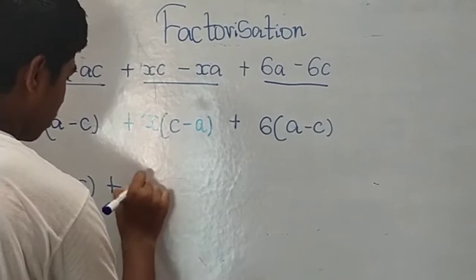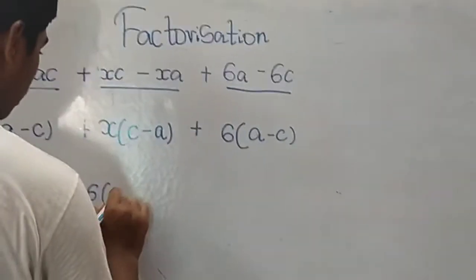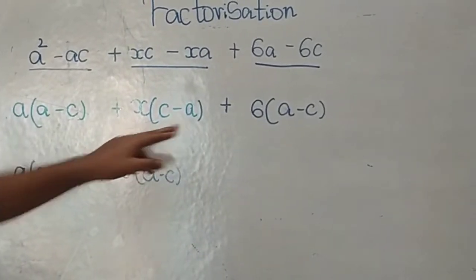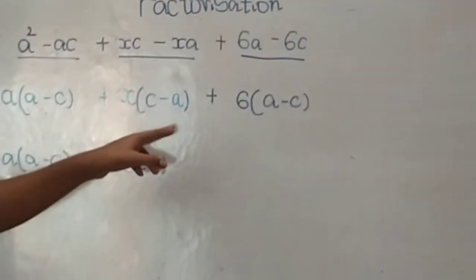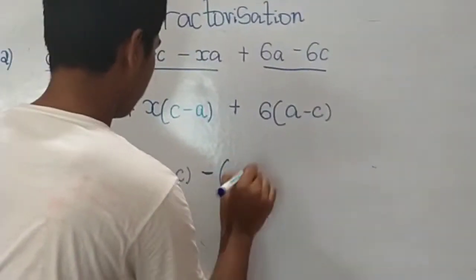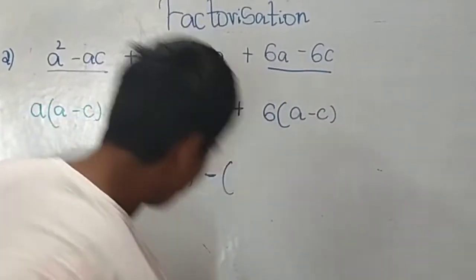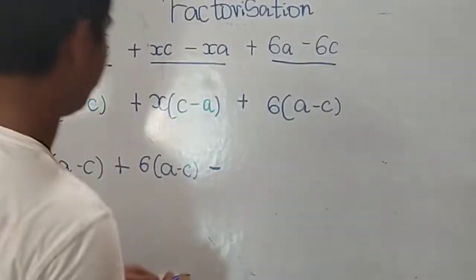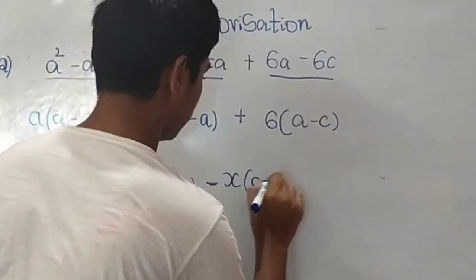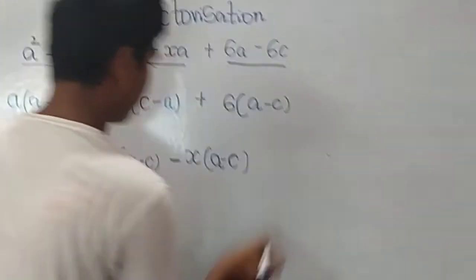Here c minus a, we want to convert into a minus c, which means we change the sign, plus into minus: minus x into a minus c.